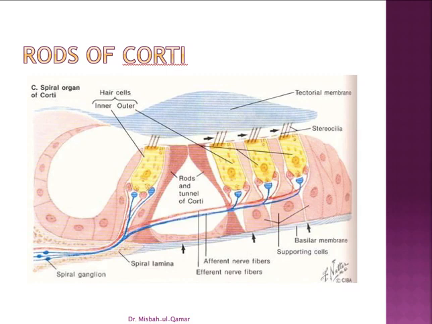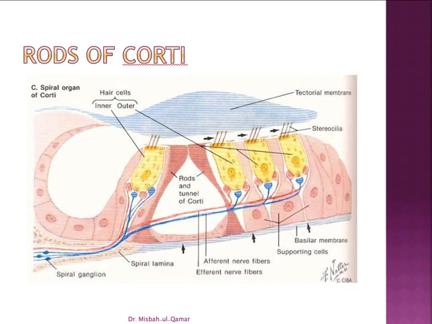There are some outer marginal cells which are called Hensen cells. Then there are Claudius cells. Then there are border cells of Held, and so on. So, what are the rods of Corti? The supporting cells. Now, these supporting cells are the inner and outer pillar cells.